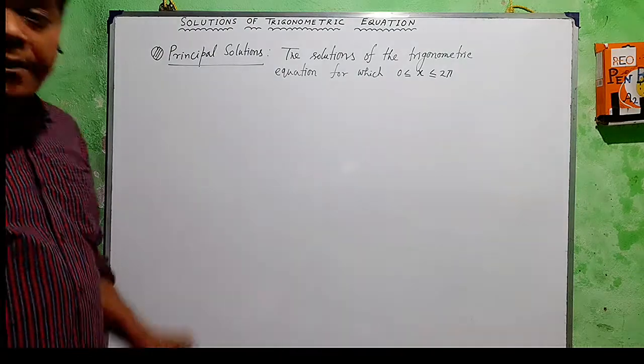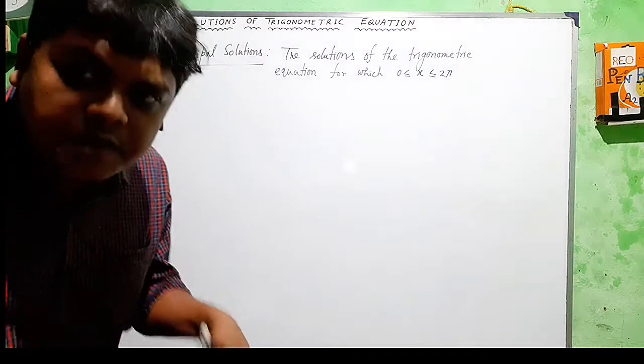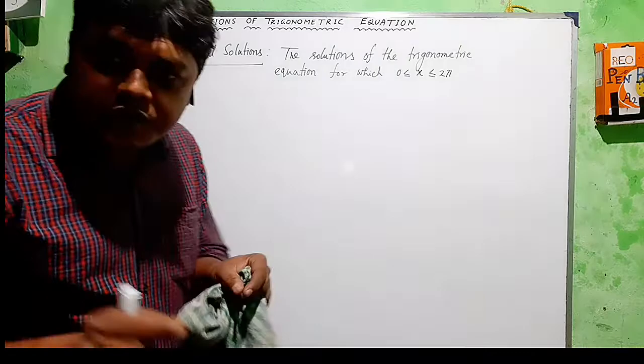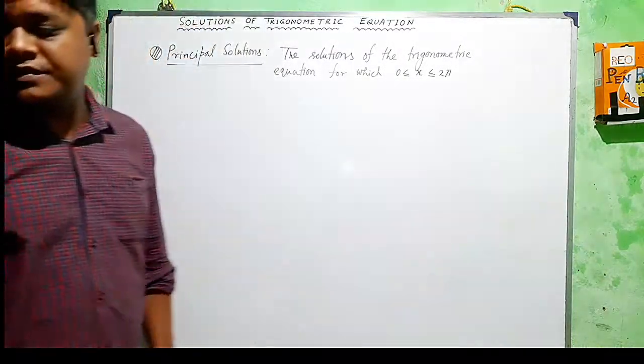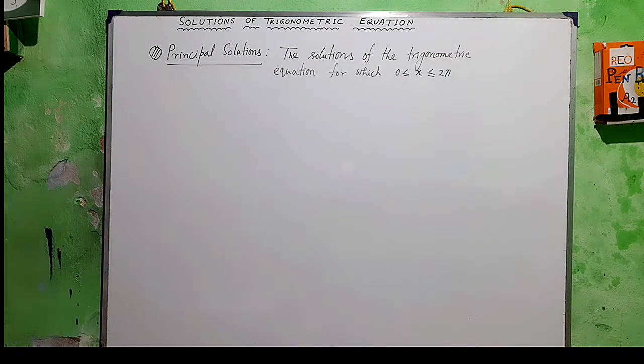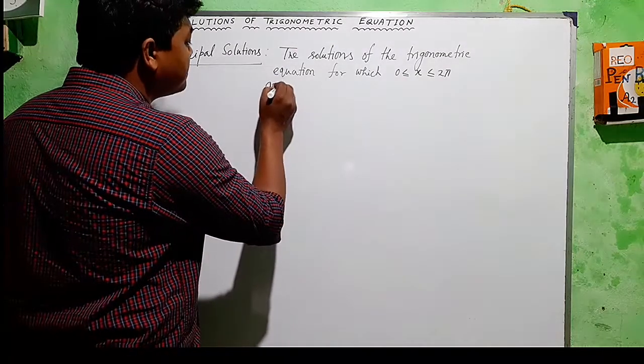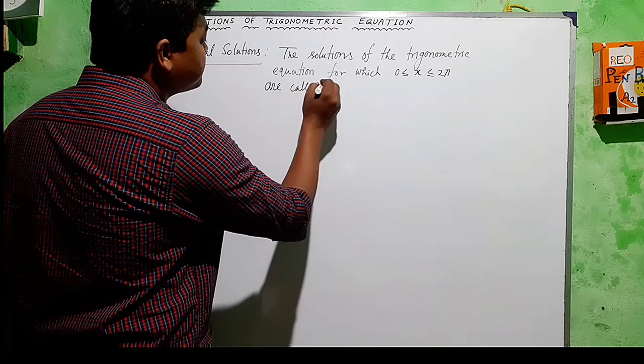What is our goal? We have to find out the value of x that is in the solution. If the solution lies between 0 to 2 pi, those solutions are called principal solutions.